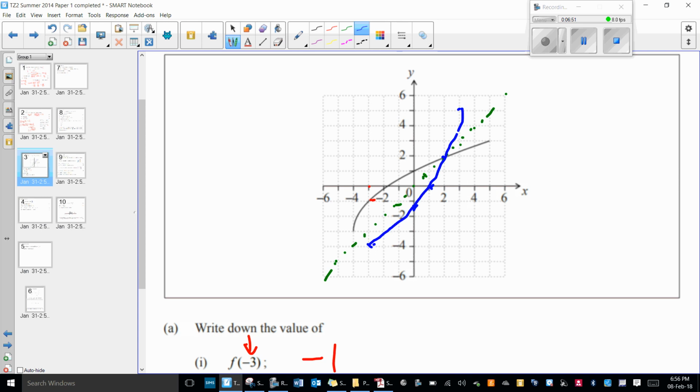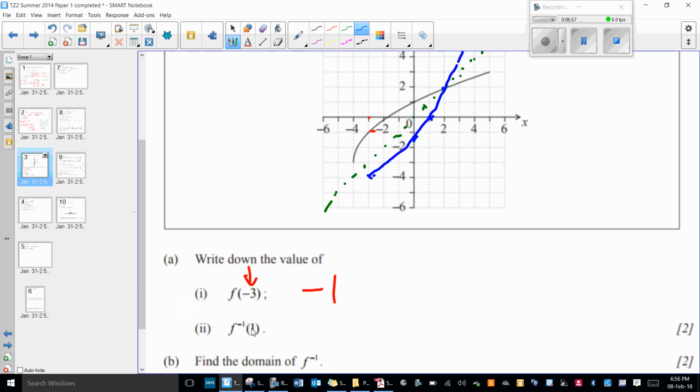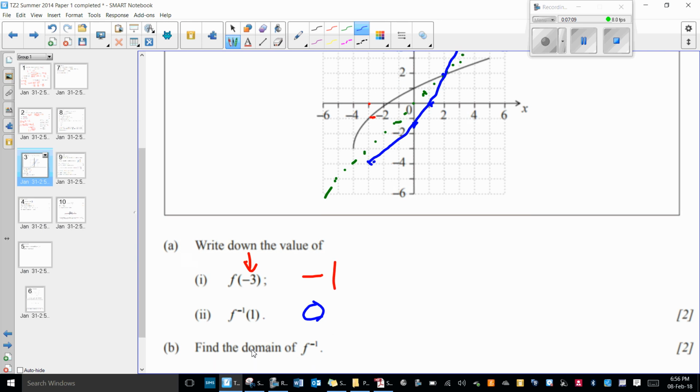So f minus 1 of 1, we can see that that value is 0. Find the domain of f minus 1. Remember, domain are the x values.